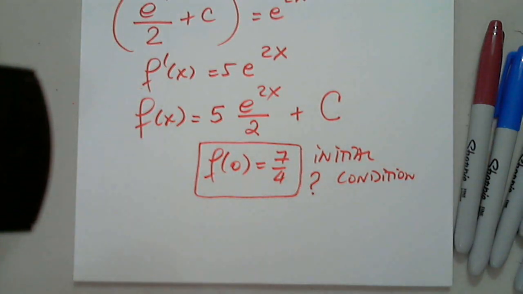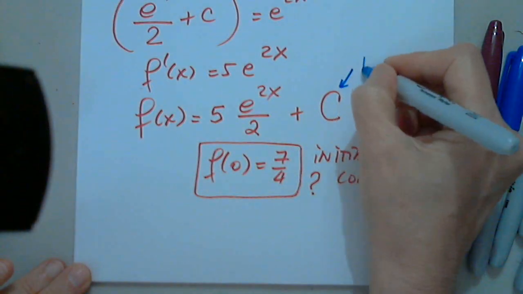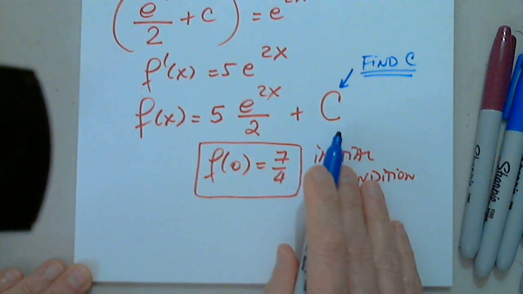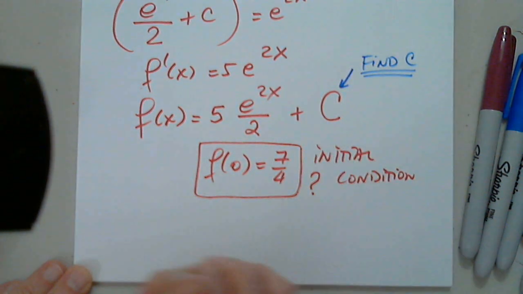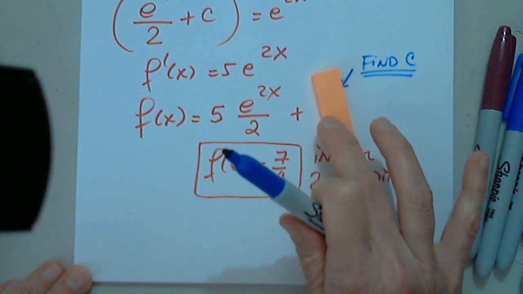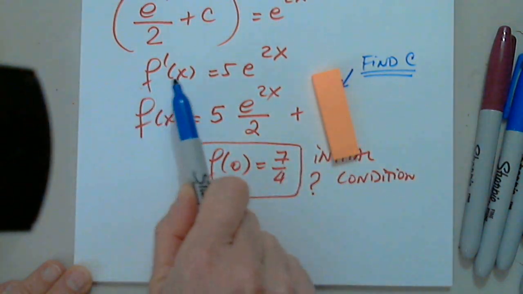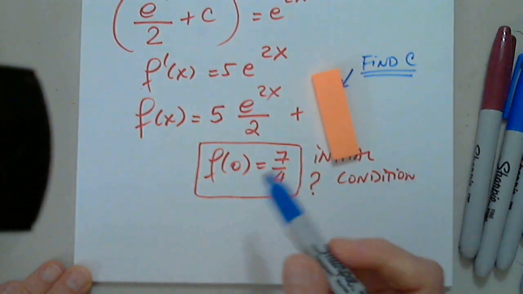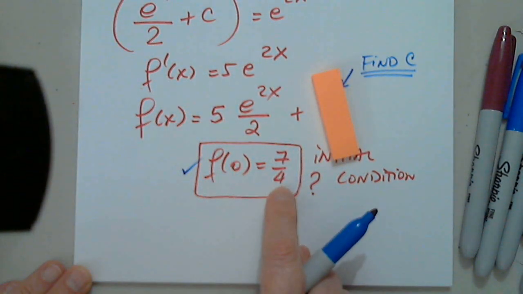Well, it is given to us to find c. That's why it's given to us. Well, what happens if I find c? If I find a particular c, this is no longer a family of functions. It will be just one function that fulfills the given condition.